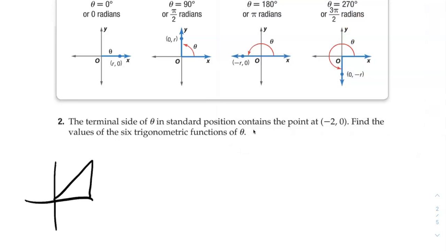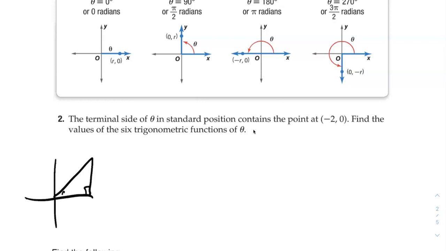So when we have a triangle like this, you might have noticed, if we have a point x and y, x was this side, y is this side, and then our radius was this guy. Well, when we did cosine of our angle, we got x over r.